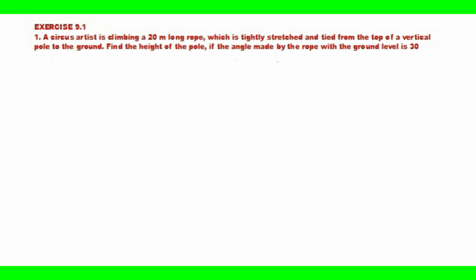So this is here 30 degree. So the question is, a circus artist is climbing a 20-meter long rope which is tightly stitched and tied from the top of a vertical pole. So first of all you have to draw a pole. This is the pole.